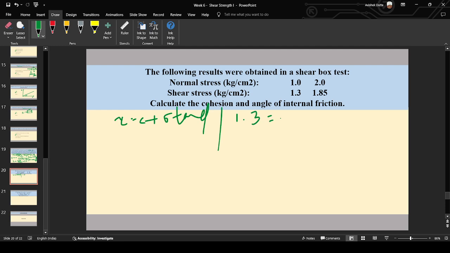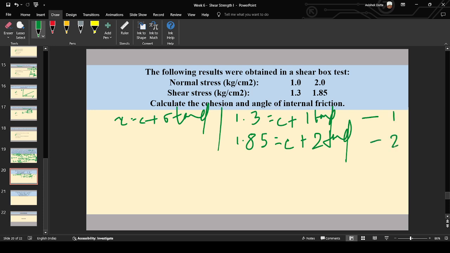1.3 equals C plus σ is 1 tan φ, and in the second case τ is 1.85 equals C plus how much? It is 2 tan φ. This is equation 1, this is equation 2.